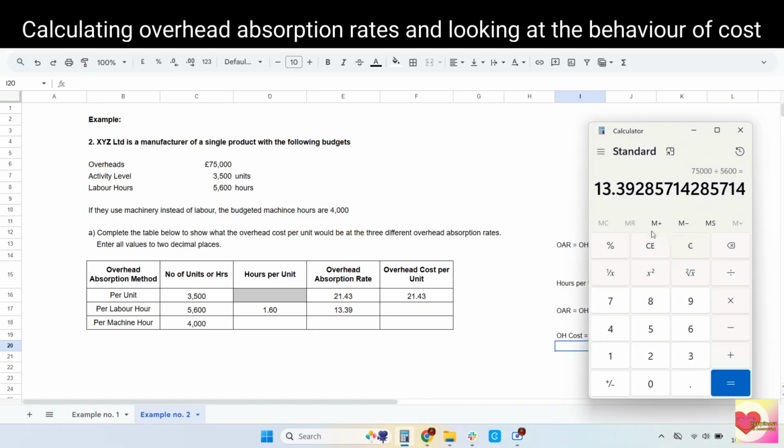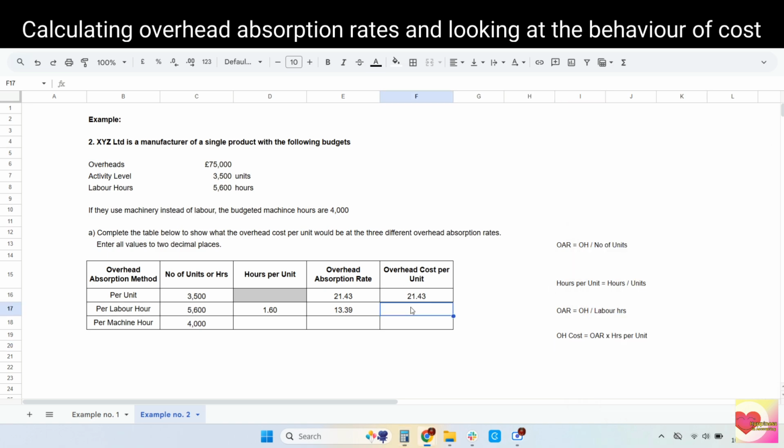This is the OAR that we got, and I will not round it off to 2 decimal places, but instead I will multiply it straight away by the hours per unit, which is 1.60. Then that's the time that we have to round it off to 2 decimal places because this will be our final answer that we have to enter here. So 21.43 is our overhead cost per unit.